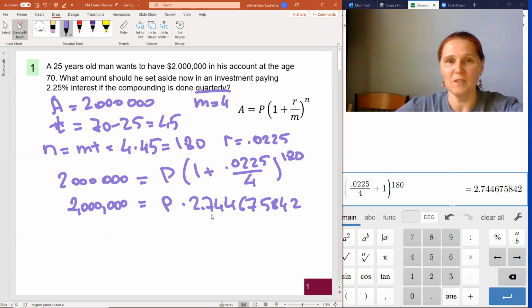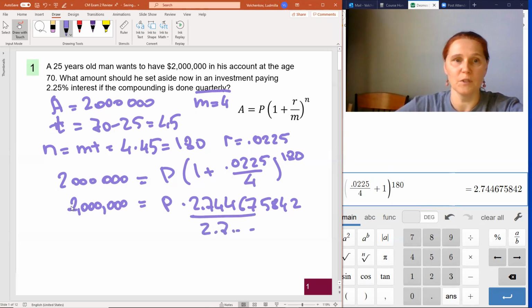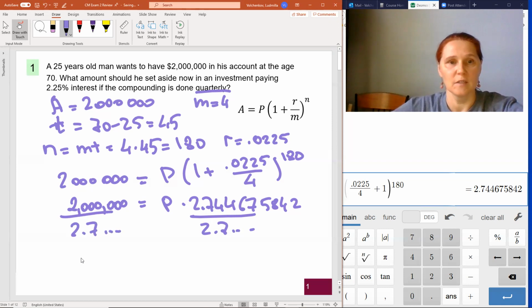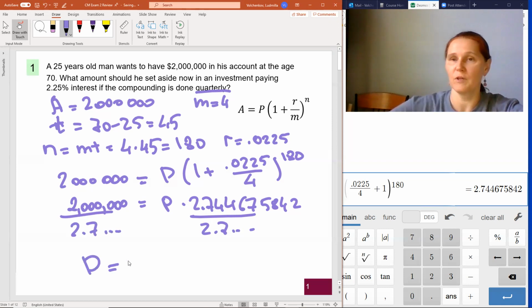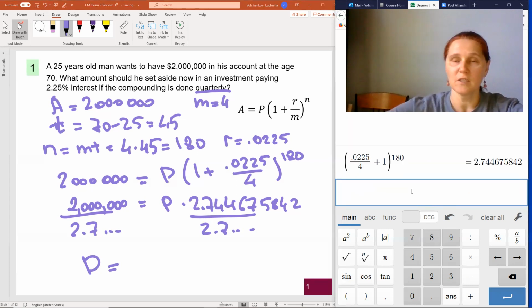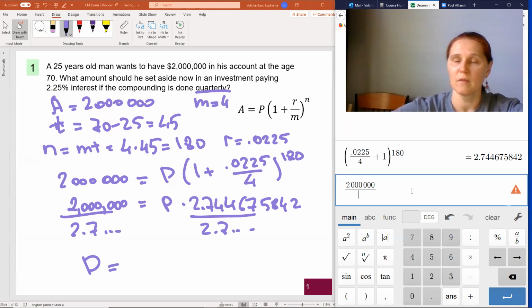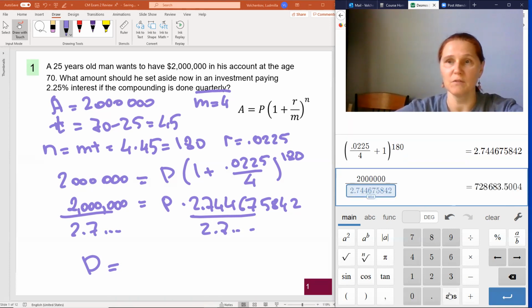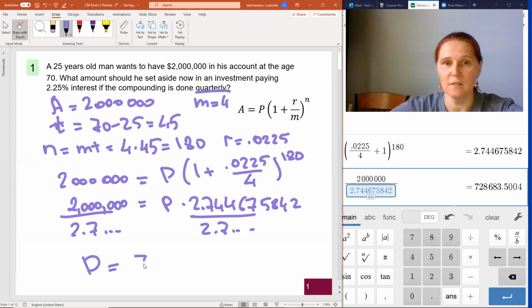To find P, we must divide by this 2.7 and so on, on the left and on the right. To find P, I can use the answer key here, 2000000 divided by the answer from the previous step.